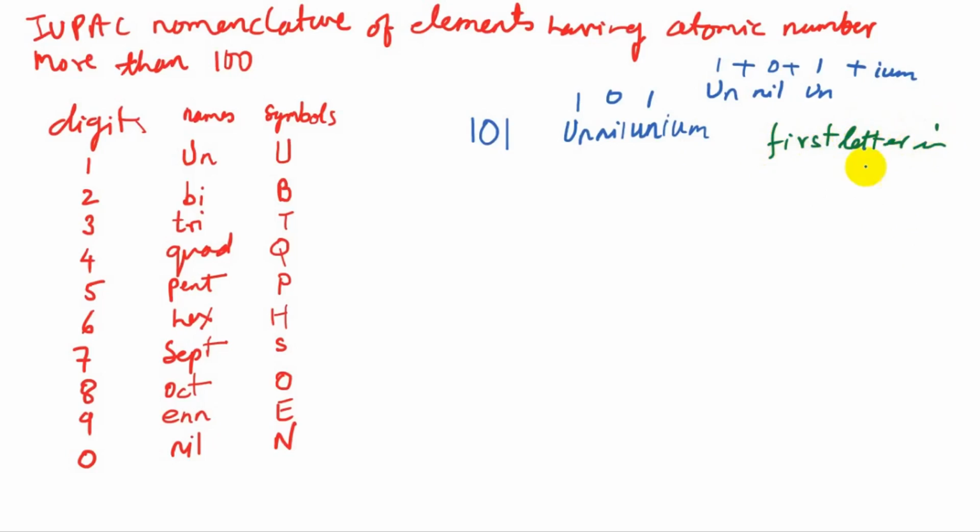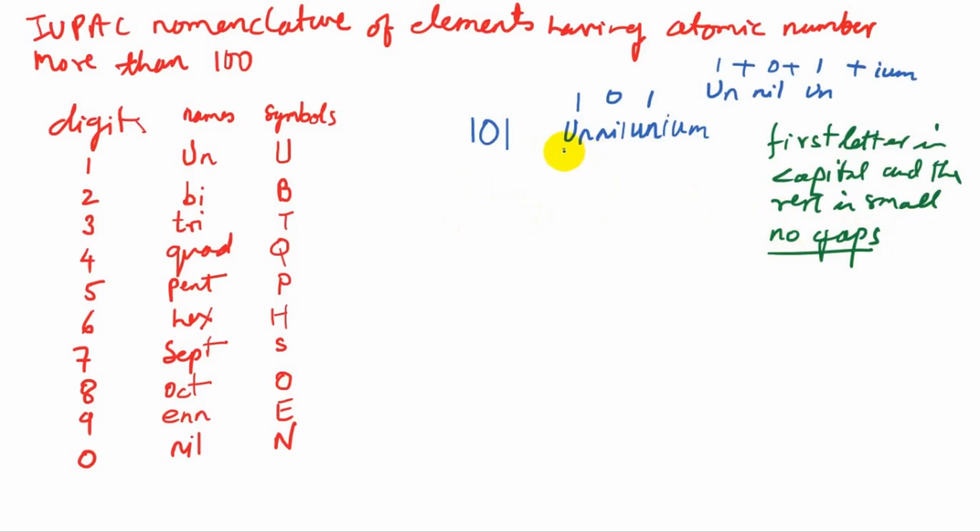First letter in capital and the rest in small, and no gaps. In between there should not be any gap. So Unnilunium is one word. Clear? How is it coming? Un from 1, nil from 0, un from 1, and IUM is always added there. Understood? So this is your name.